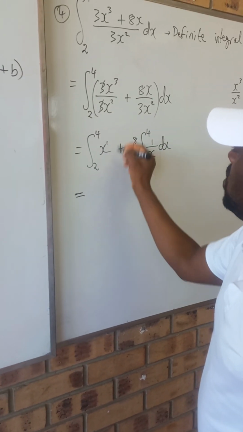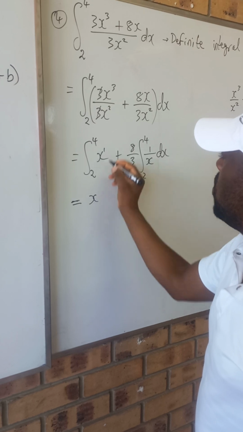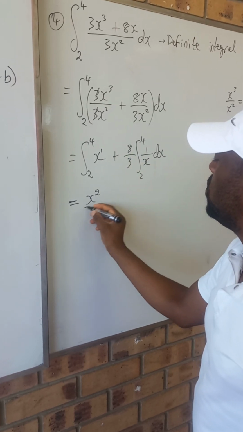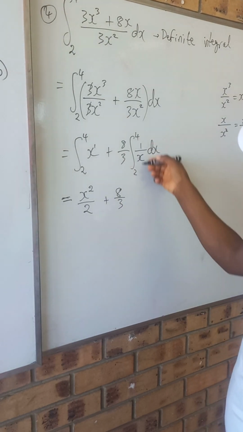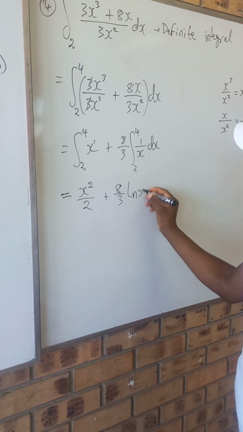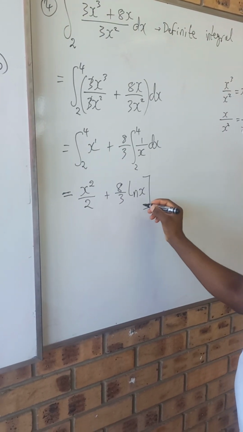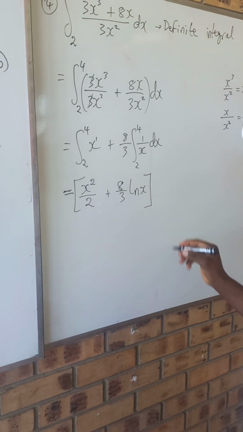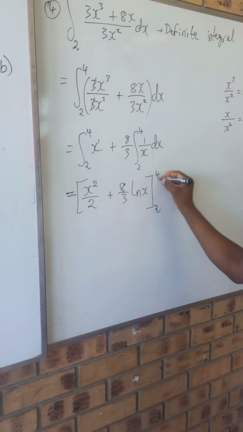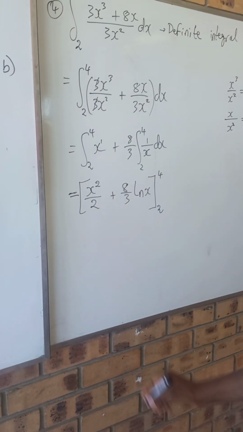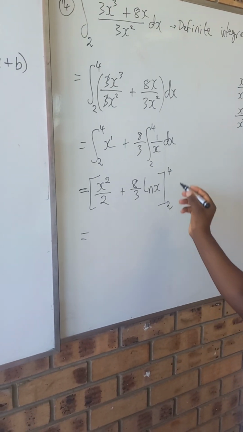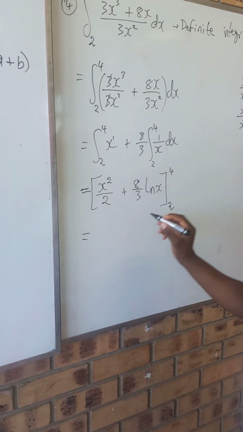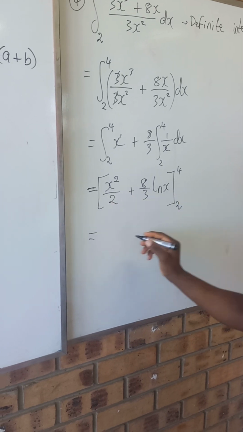This is the power 1 from formula 20, where you add 1 to the power, which gives you x squared divided by 2, plus 8 over 3 ln x. Since it's a definite integral, we don't need the constant c. We put our limits from 2 to 4. And now a level 4 student will switch to formula 29, which says you use the upper limit first, you replace every x in the bracket.